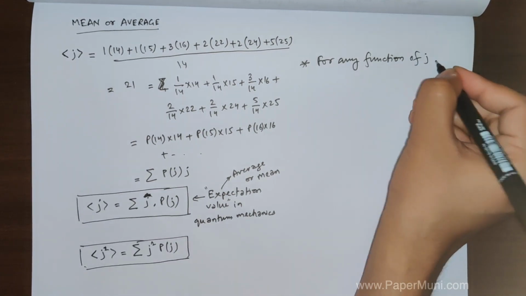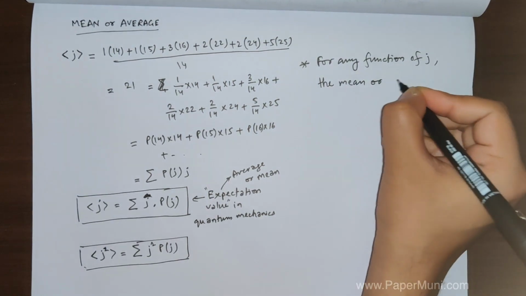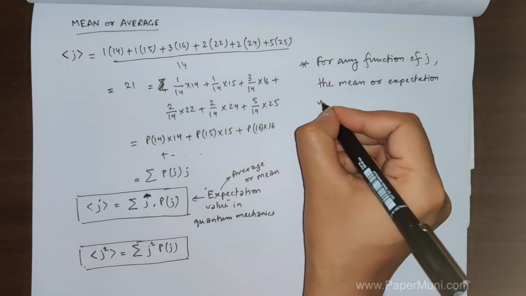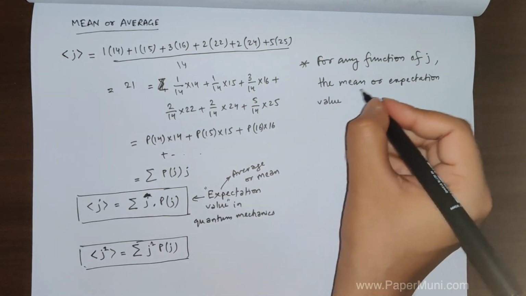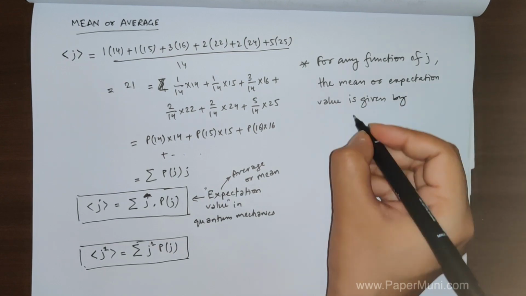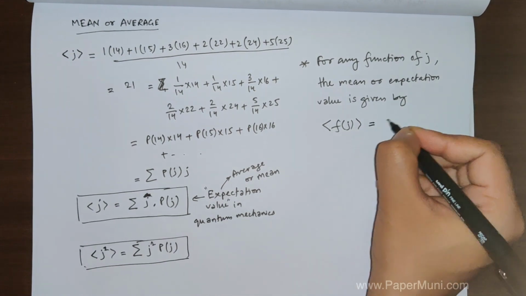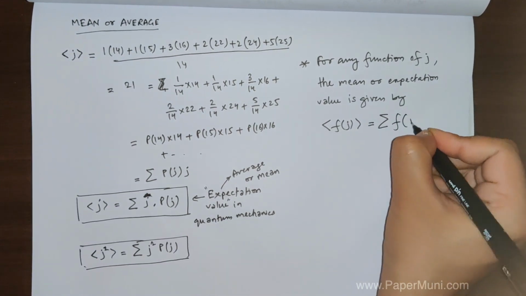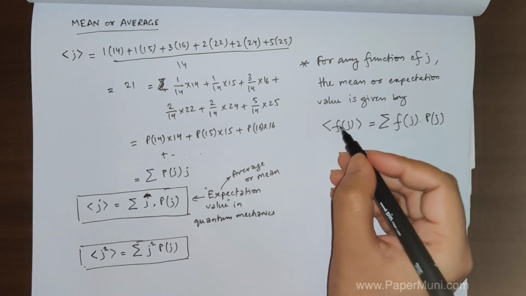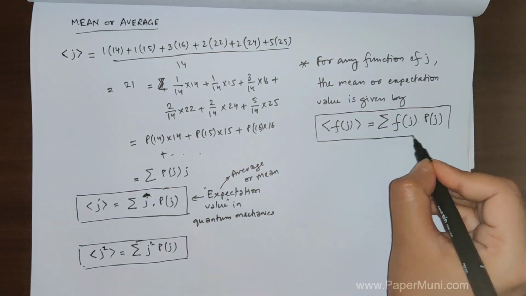The mean or expectation value is given by: any function of j, f(j) within angular brackets, is summation f(j) into pj. Okay, so this is the important thing you should remember. This is the important takeaway from this topic.